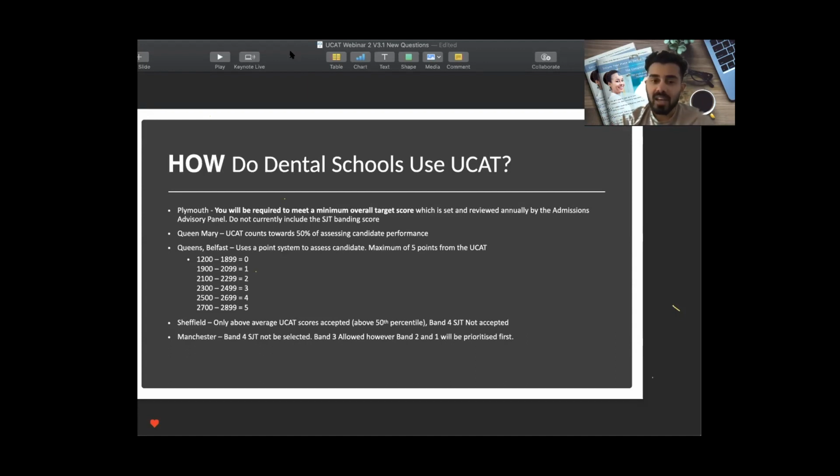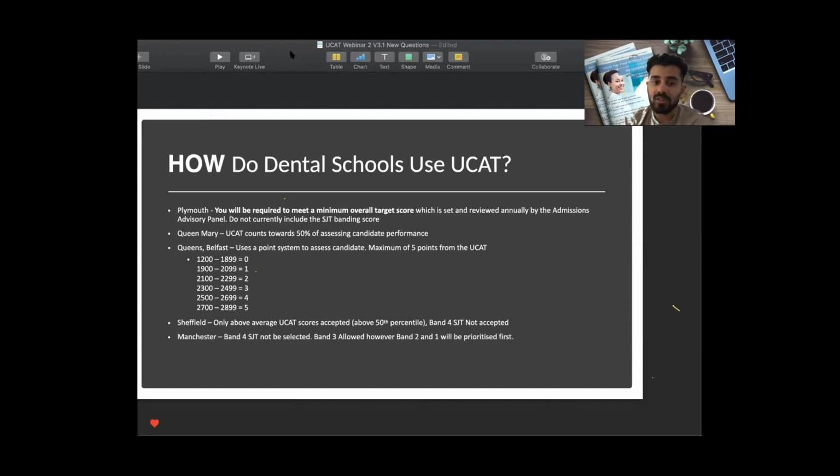The other thing is the cutoff score. I know that we've had a couple of questions regarding what score should I aim for. The scores will often be based upon how well everyone has done in the assessment.